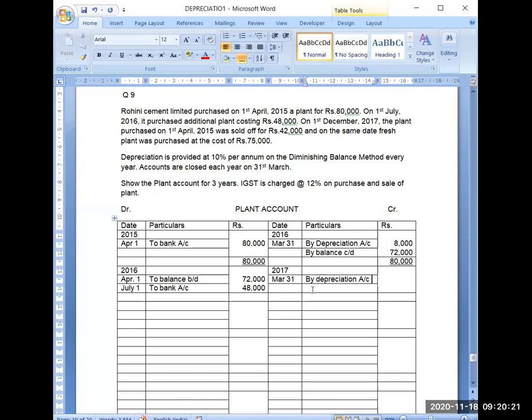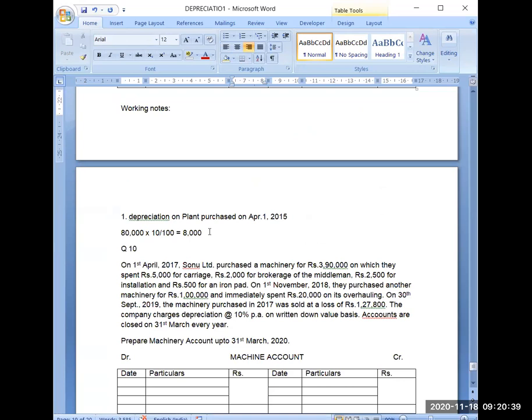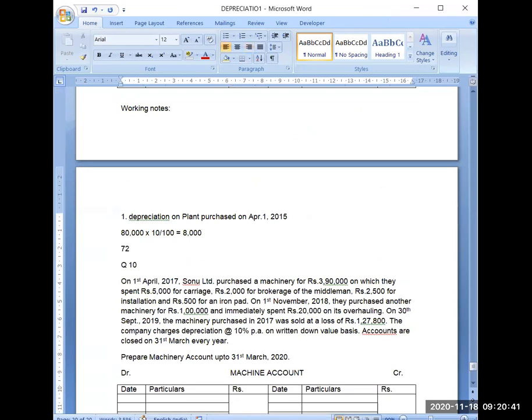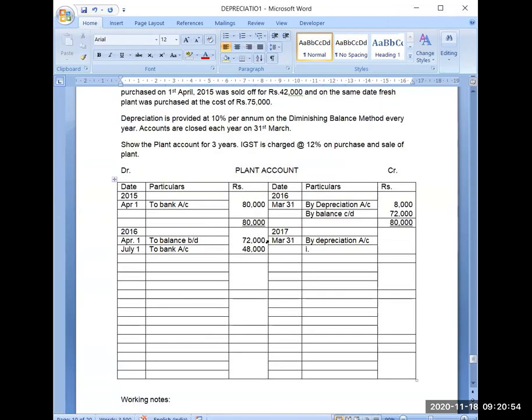Now for the first plant, because it is written down value method, and the written down value of this first plant is 72,000, we will be calculating depreciation on 72,000. So its second depreciation will be 72,000 multiplied by 10%, 7,200. So first plant depreciation will be 7,200.